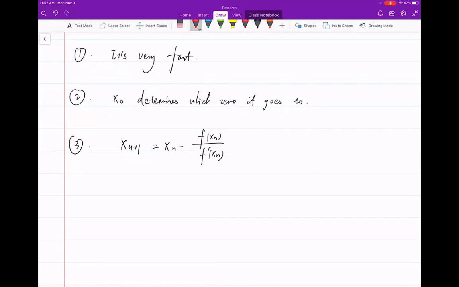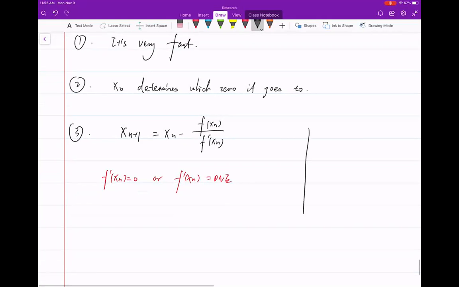Critical point means what? Right? If that happened, can you still use this formula? You basically have a fraction you're dividing by 0. It's not going to happen.